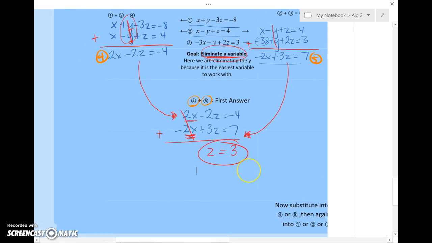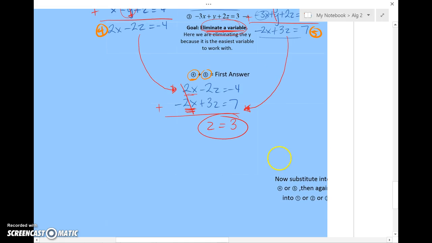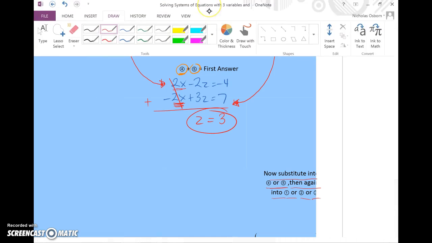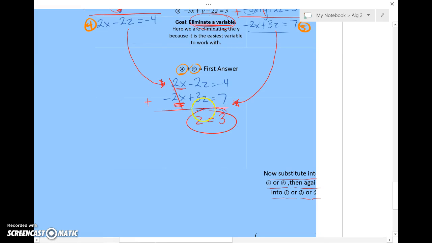Okay, so let's zoom out a little bit. As you'll see on the right over here, there are instructions that say, now substitute into 4 or 5, then again into 1, 2, or 3. So the first step is we need to substitute the z equals 3 that we just found into either equation 4 or equation 5 that we made.